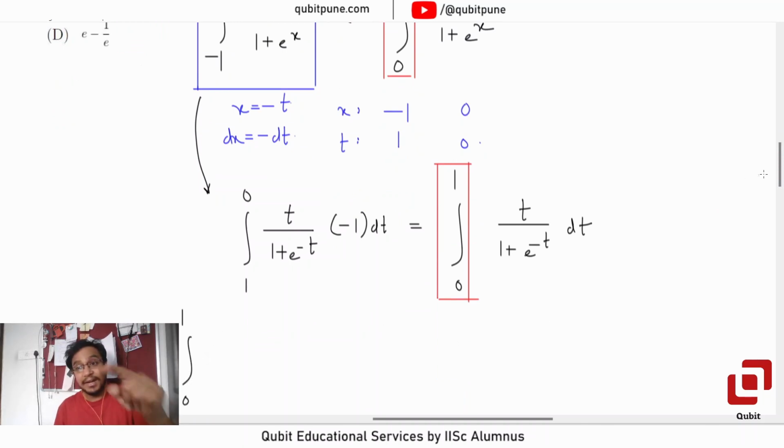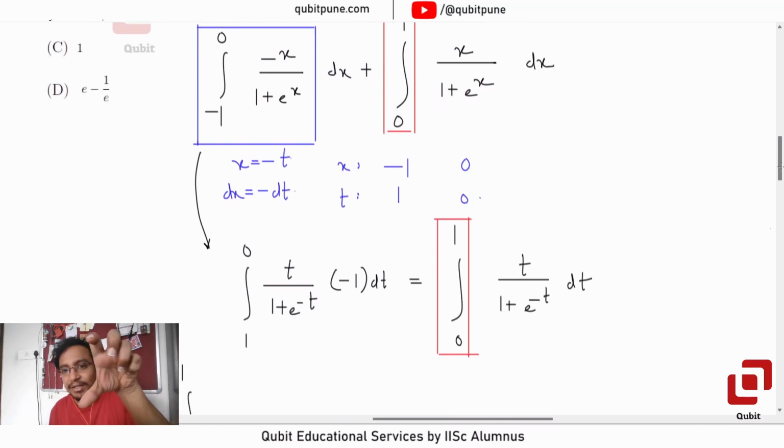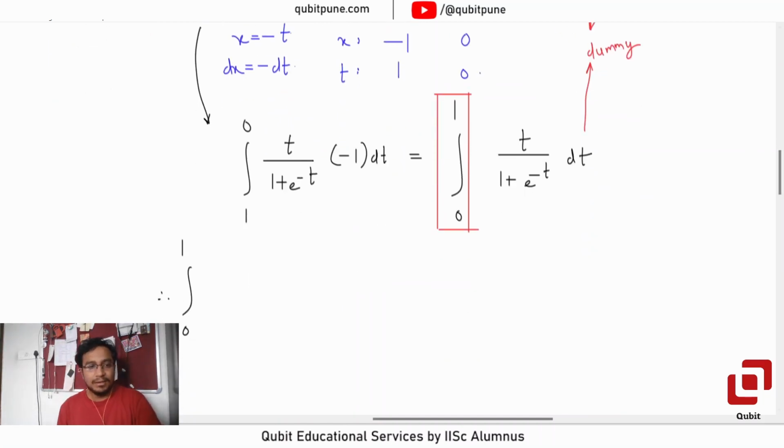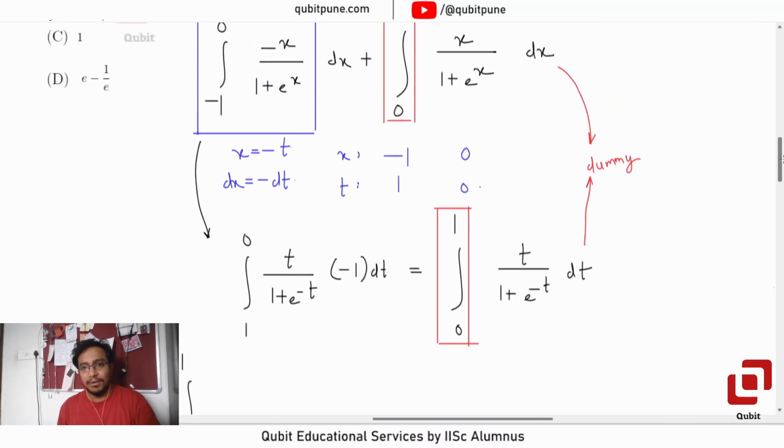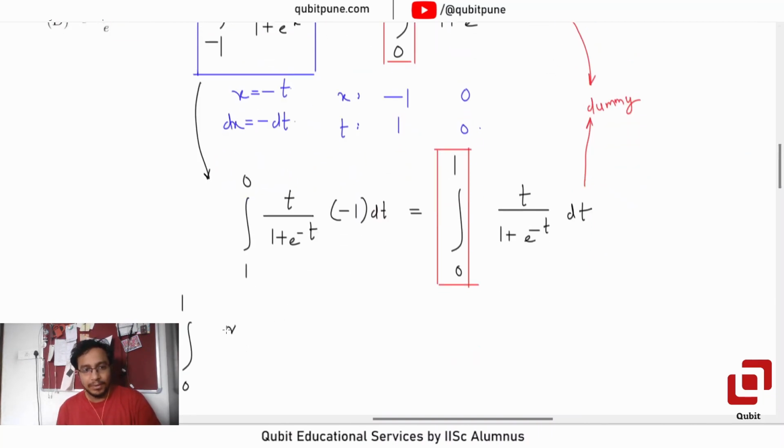One more property we are using is that the variable of integration is immaterial. Both these variables are dummy, so we can use x or t, whichever variable we want to continue. So we can keep it x.